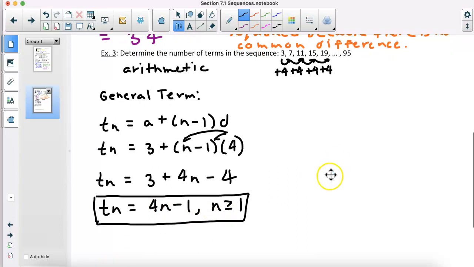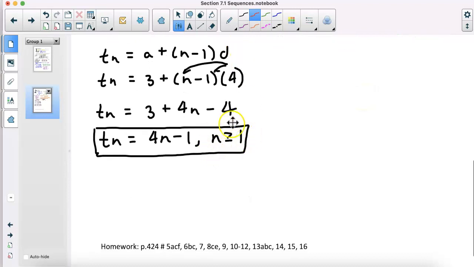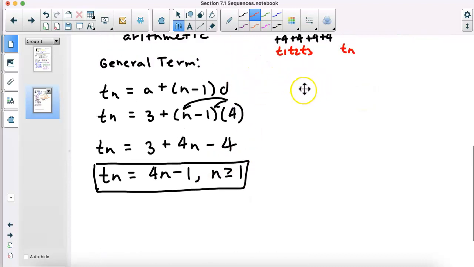Okay, so in general, this gives us our equation. Remember, this is t1, this was t2, this was t3, etc. If we keep going, this 95 here represents that very last term, tn. What we don't know is n, which is how many terms we have. We do know that tn is equal to 95.